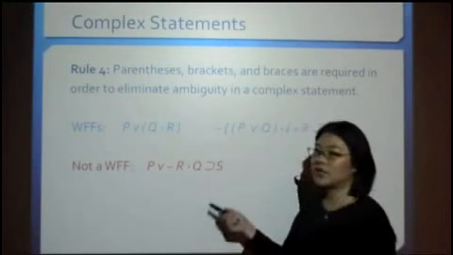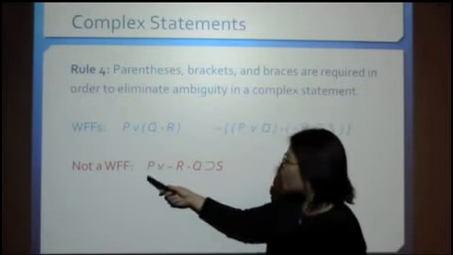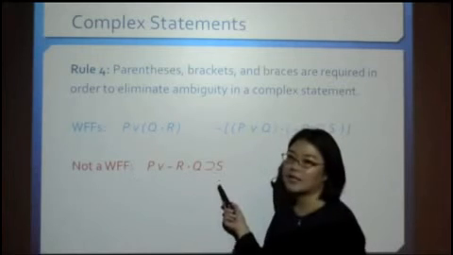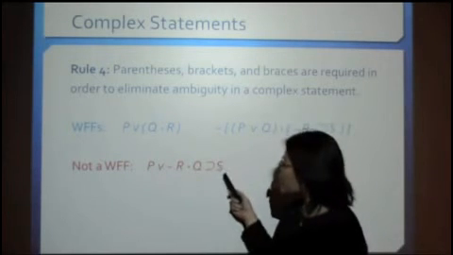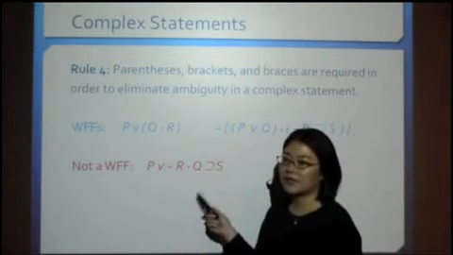So here's an example here of a non-well-formed formula, okay? Notice how in here we don't have any parentheses, any brackets, okay? So in this case, we don't know what the units are that make up this statement, okay?